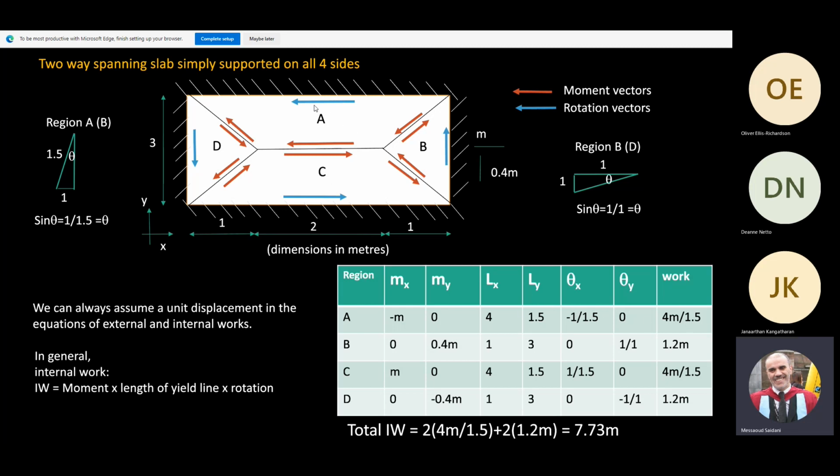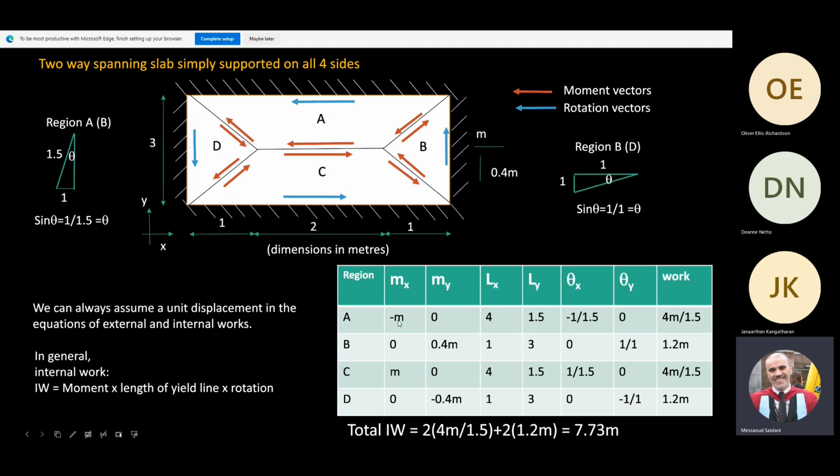And as we said earlier, because the vector is horizontal, when you project it on the y-axis, you get 0. Now for the work, we multiply the moment times length times theta in the x direction, plus moment times length times theta in the y direction.